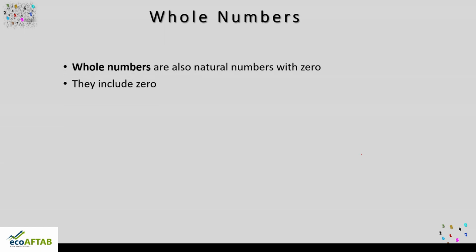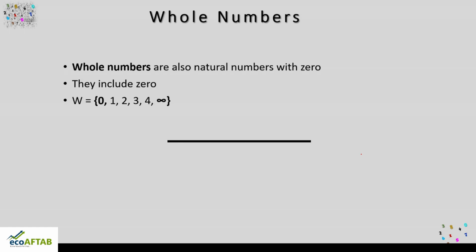That is, whole numbers along with the natural numbers include 0. So W is equal to 1, 2, 3, 4 up to infinity, which also includes 0. So a set of whole numbers can be written as 0, 1, 2, 3, 4 up to infinity.